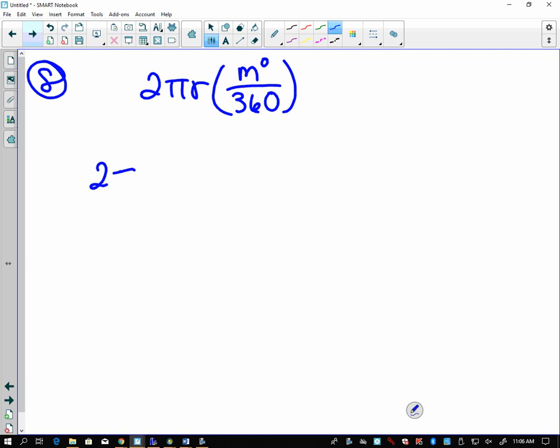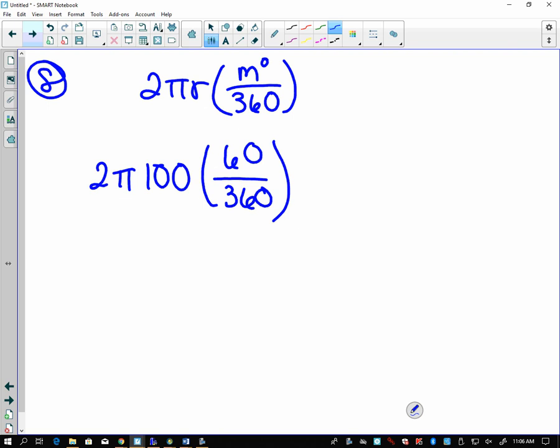So 2 pi, I think they told me that the radius was 100, right? My measure was 60 degrees. Oh, I'm sorry. Not equal, but 60 over 360. Some of this could be reduced. Let me take a look at number 8 here for a second and see how they're taking that. Okay, so they're taking it to a decimal to the nearest hundredth.